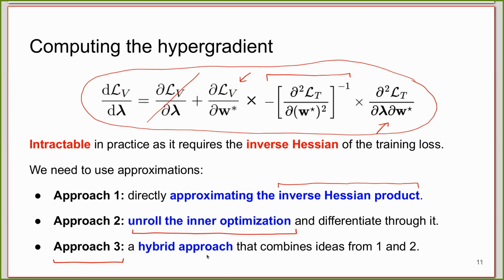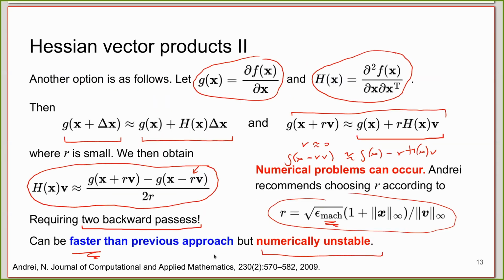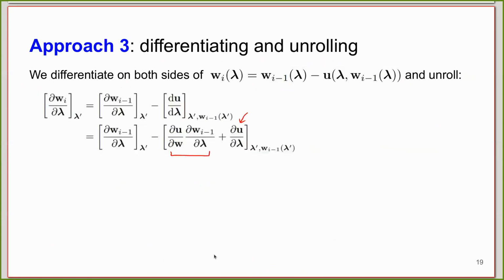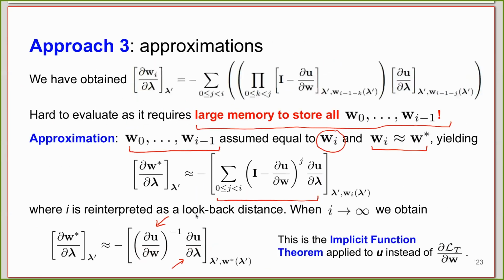The third approach, which is kind of a hybrid, is to assume that you do I steps of optimization and calculate the exact gradient, which is obviously memory intensive. It's the same as differentiation through optimization. But now approximate the formula, assuming that the weights you get through your optimization process are all the same as the current ones.